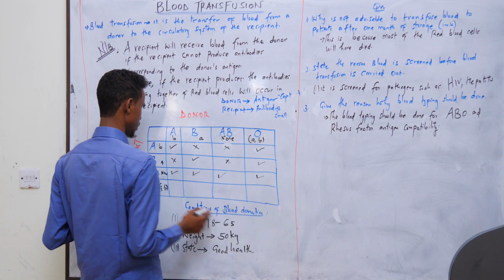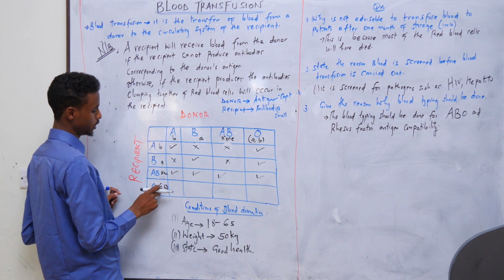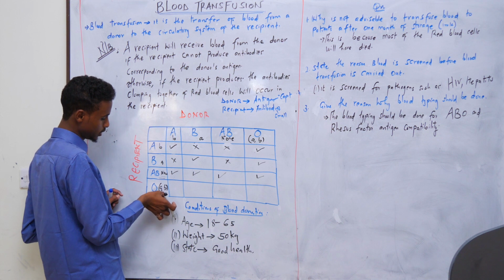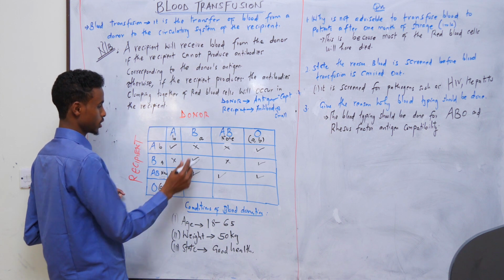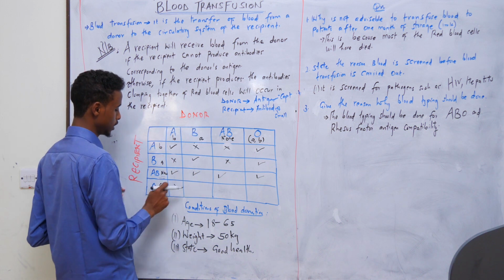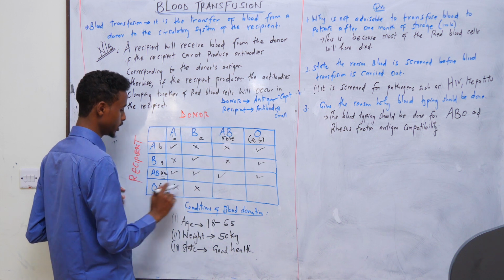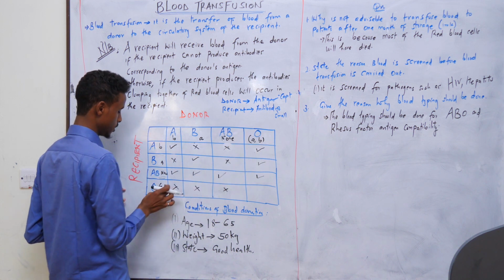Now tick. Let's come here. Antigen A, antibody A, X. Antigen B, antibody B, X. Antigen AB, antibody AB, X. No antigen, antibody present.